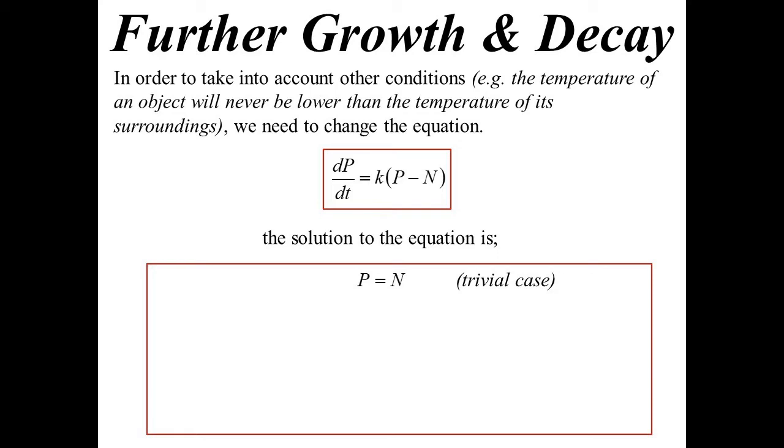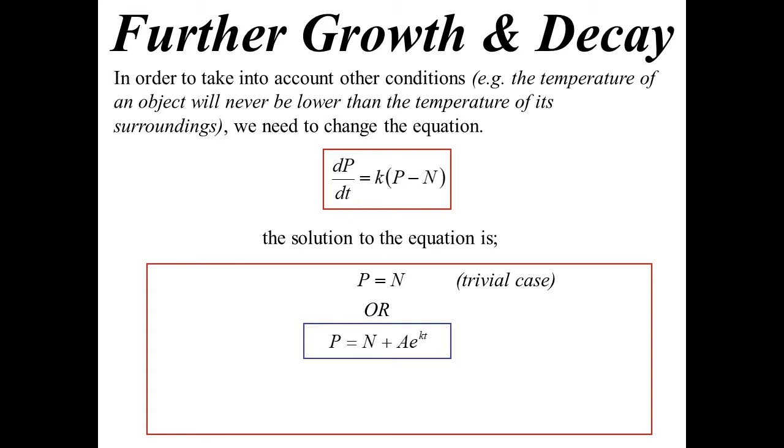The more interesting case is this one: P equals N plus Ae^(kt). So we've got the same solution as our basic model, but we've added N. Now, if you were to imagine the graph of this, what have we done to that graph from yesterday? In effect, because we're talking about an exponential, we've shifted it up or down depending on what N is, but it means our asymptote's changing.